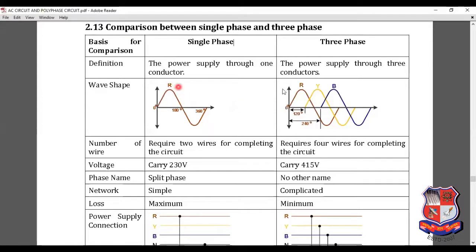It may be R, it may be Y, or it may be B, which we can see in our electricity bill. Okay. So for this single phase circuit, we have one phase and two wire connections.